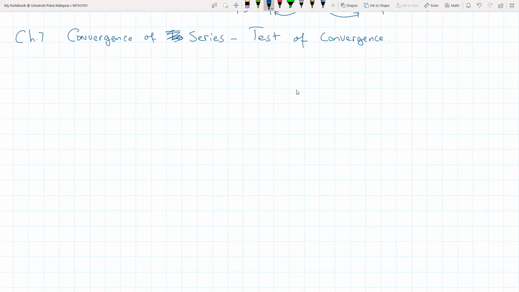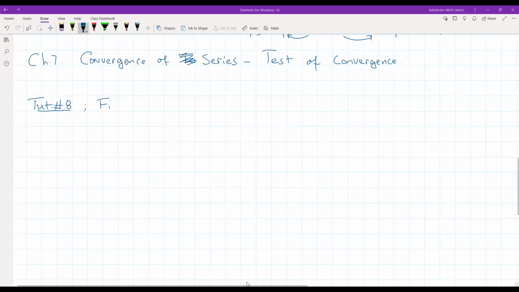If you go to tutorial number 8, let's pick out tutorial number 8. One of the questions looks something like this. Let me see the exact wording.